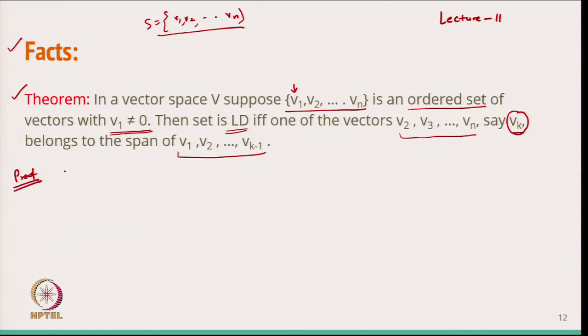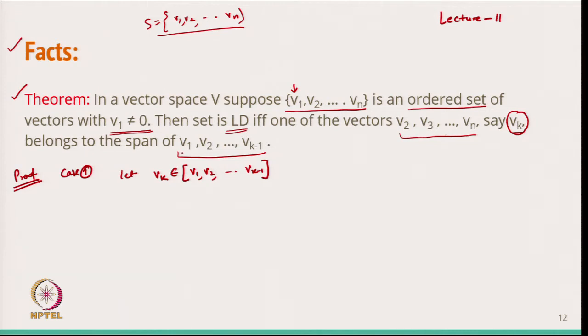Let us take case 1. Let Vk belong to the span of V1, V2 up to Vk minus 1. That is given to us.